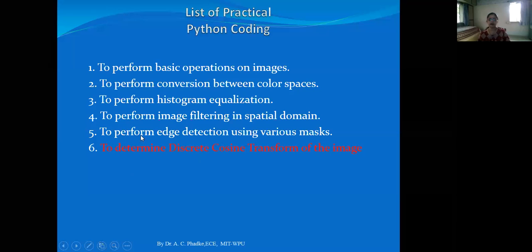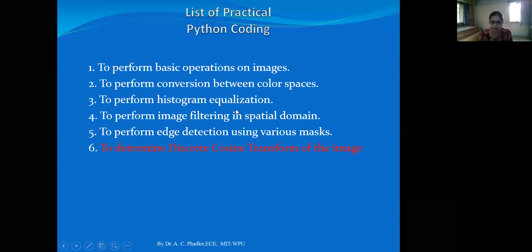Then about practical, though this is an open elective and you don't have any credits for laboratory work, we are going to study some basic Python codes for performing some basic operations.